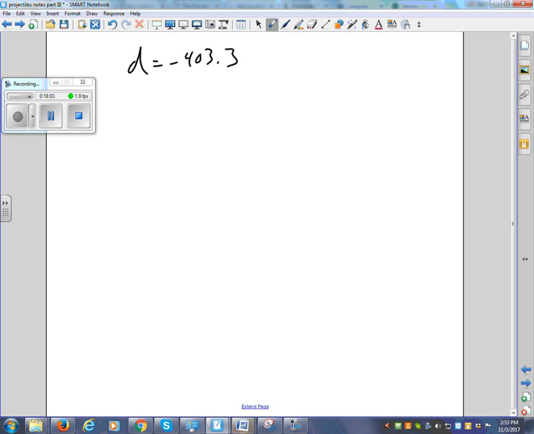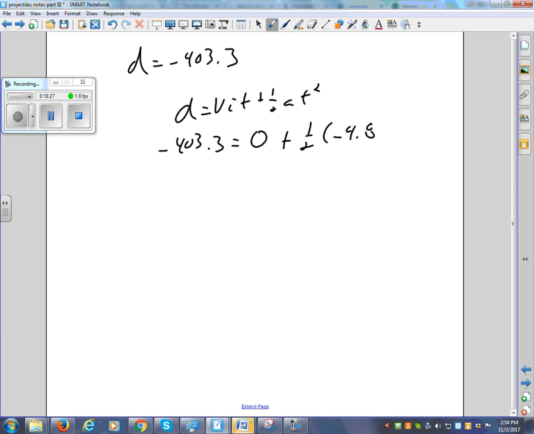Now you're just going to find that time. d equals v_i t plus 1/2 a t squared. So minus 403.3. Now what's the initial velocity at the top of that? 0. Oh, this is nice, isn't it? 0 plus 1/2 of minus 9.8.